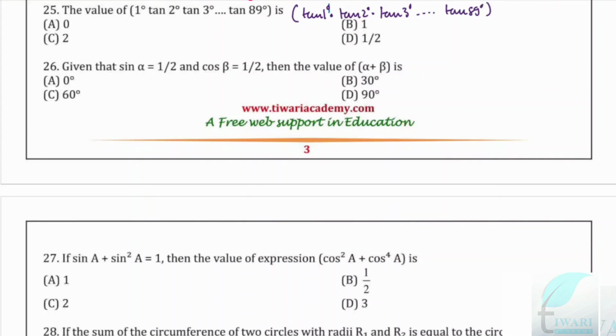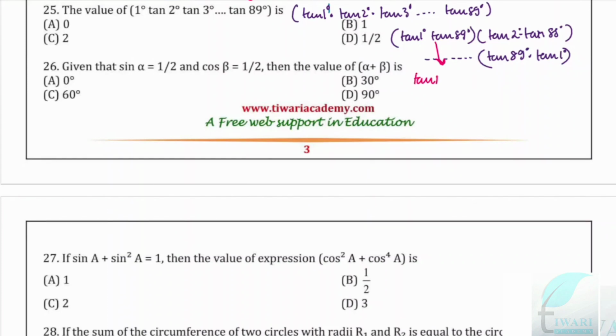So let us make pairs here, tan 1 degree with tan 89 degrees, into tan 2 degrees into tan 88 degrees, similarly till tan 89 degrees into tan 1 degree. So let us find the value of one expression.